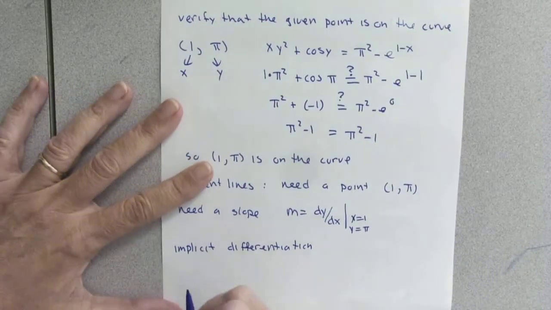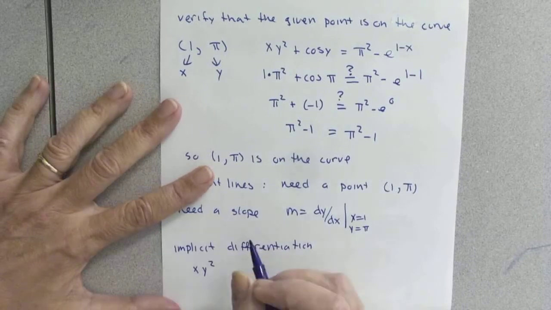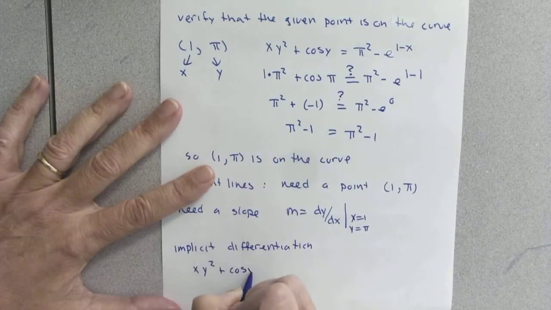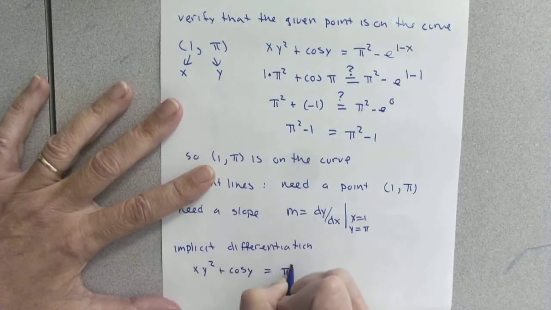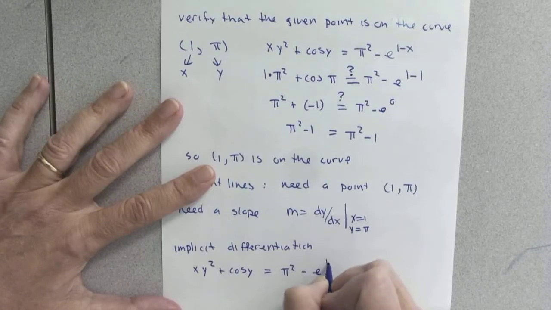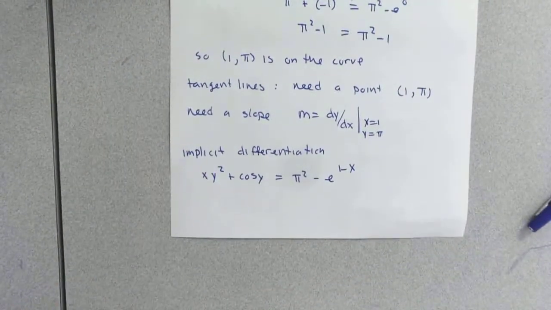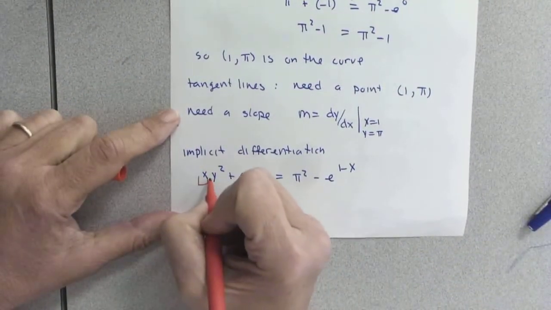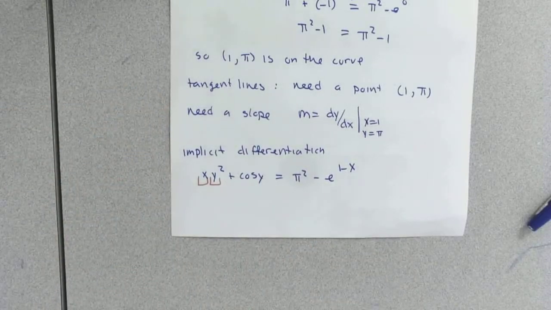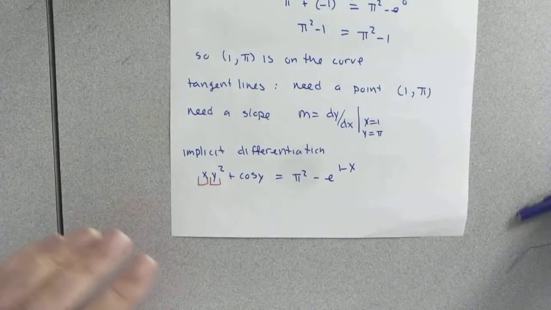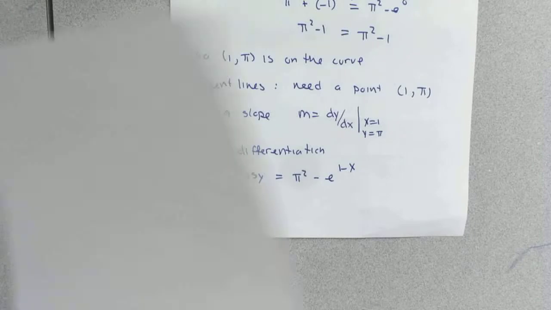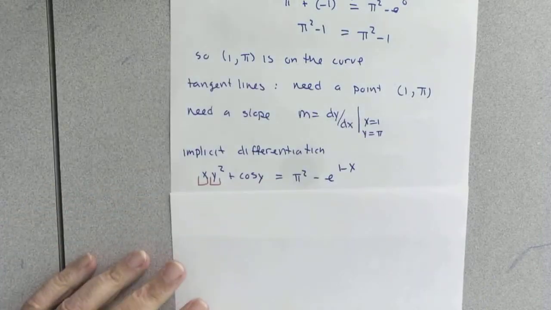I'm going to write my equation down again so we can all see it: x y squared plus cosine y equals pi squared minus e raised to the 1 minus x. And a product rule again. I've done lots of product rules because I've found through the years that students miss the product rule when we're doing implicit differentiation.